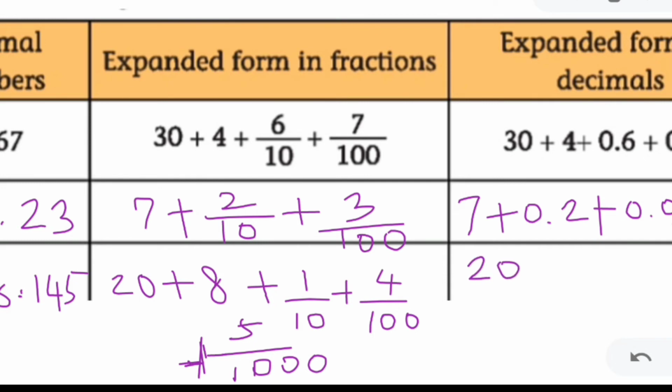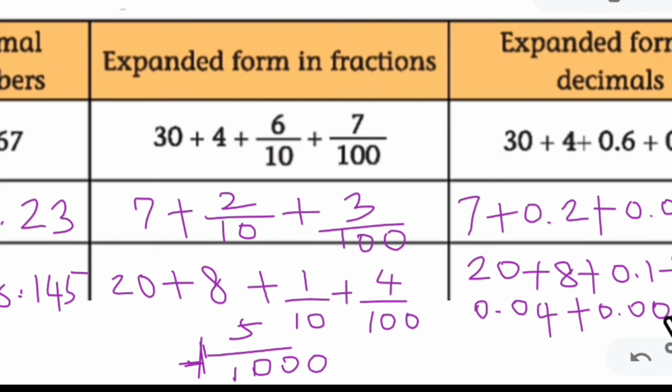The whole number is the same, 20 plus 8 plus 1 by 10, 0.1 plus 4 by 100, 0.04 plus 5 by 1000, 0.005. Because in 1000 there are 3 zeros, so I just counted from the right side, 1, 2, 3 and put the point.